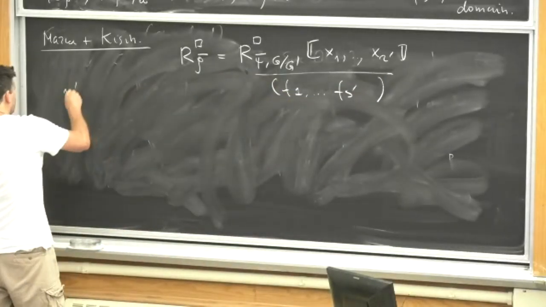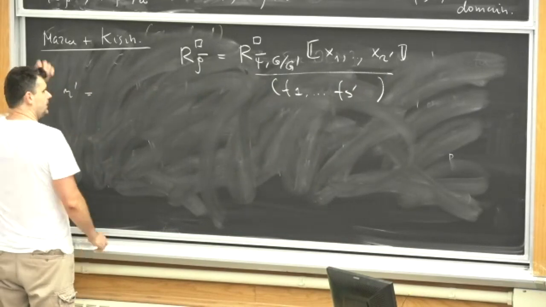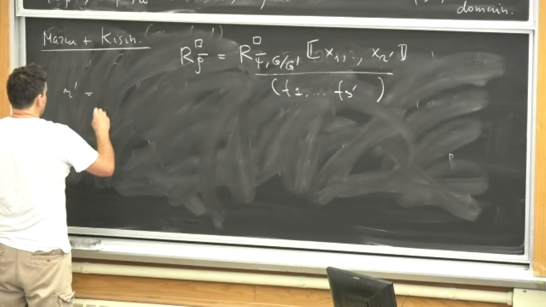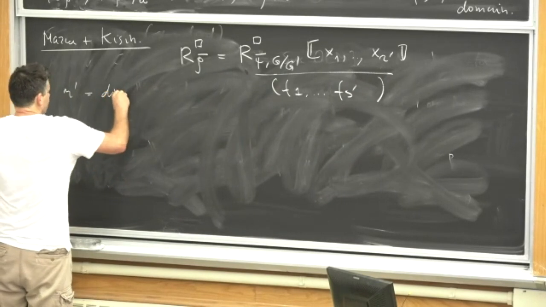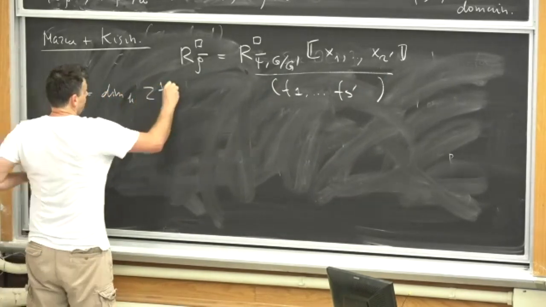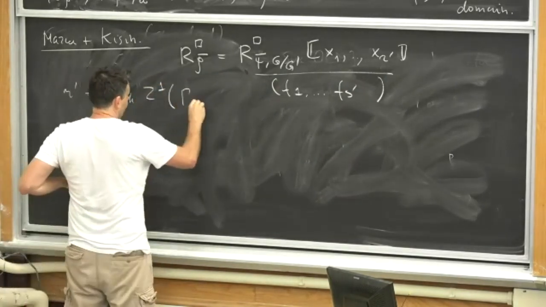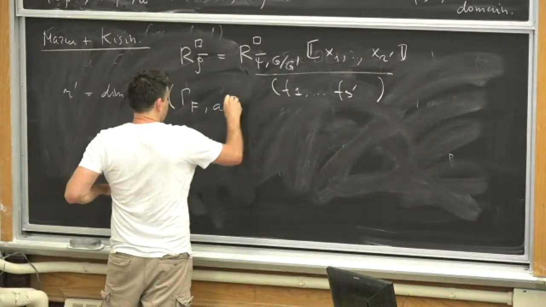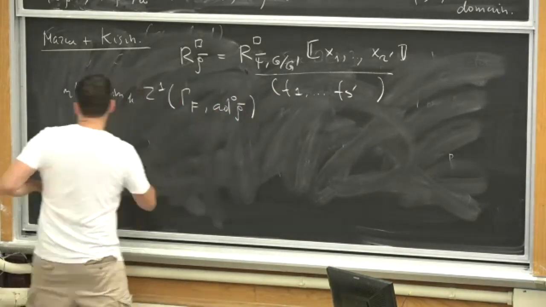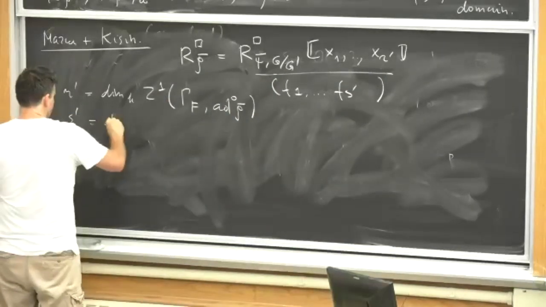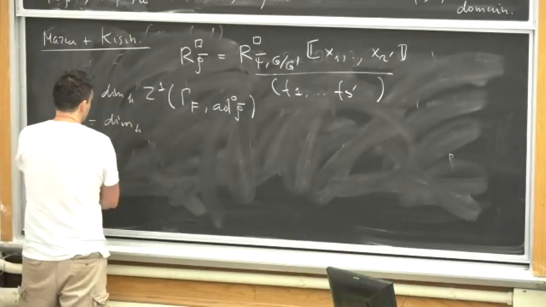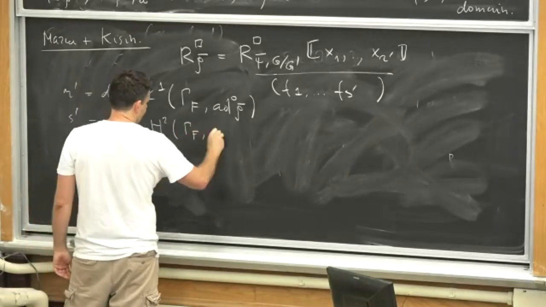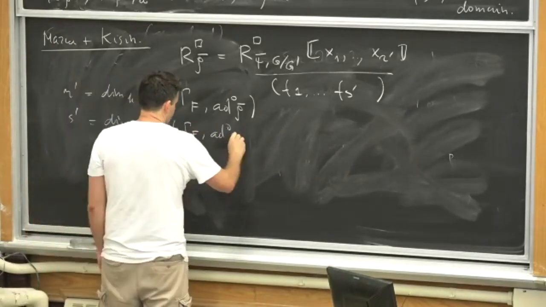So now this R prime is going to be the dimension of H1 gamma F at rho bar, and S prime is going to be the dimension of H2 gamma F at rho bar.